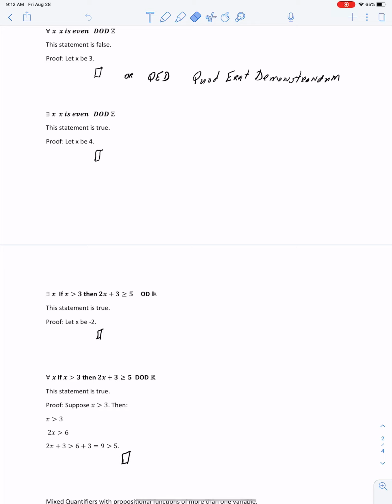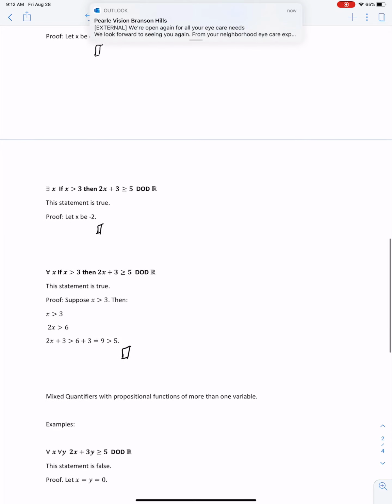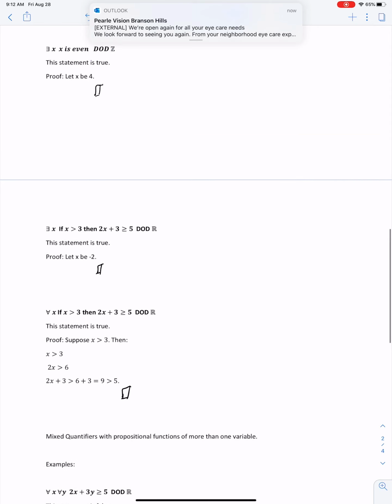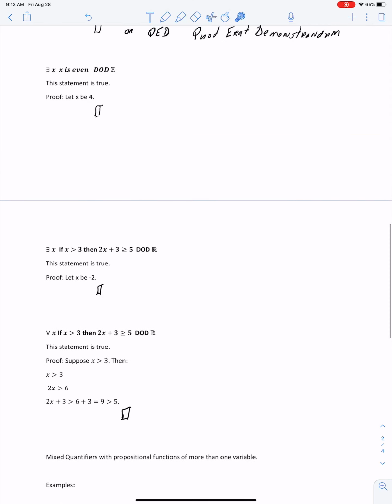And I'm going to take as my domain of discourse the real numbers. Well, I claim this statement is true. To be true, I just have to find that it's true for one value. Okay, so just to be ornery, I'm going to say let x be minus 2. And that works.